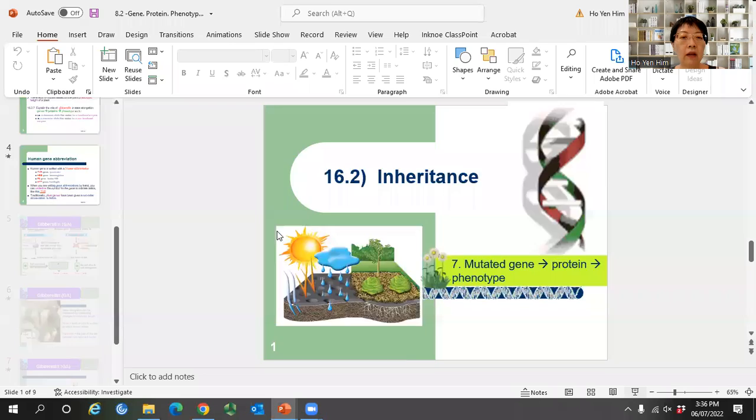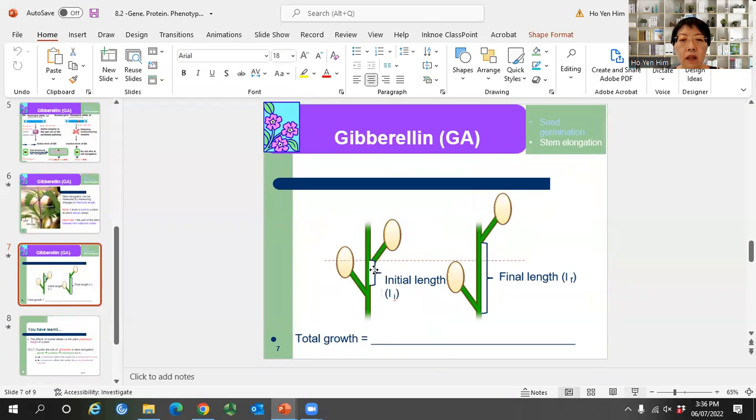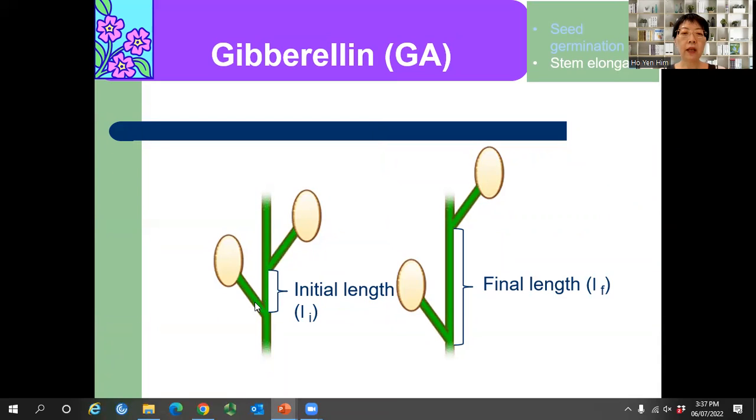Now, there's some mistake in this part here, so I need to save this. You see, this is the initial length. Then you allow the plant to grow, maybe for 1 month. After 1 month, you measure the final length.